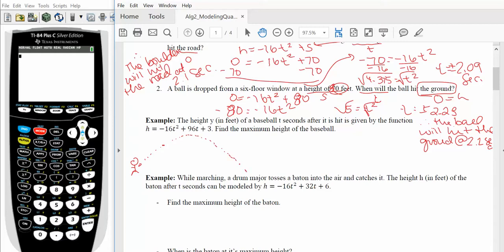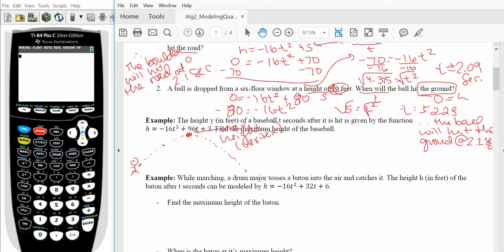This parabola that I just sketched is modeled by that equation. So I want to know what is the maximum height. So the maximum height is right there. The maximum height is also classified as what? Well, that's also the vertex, right? This is the max height, which is also the vertex.